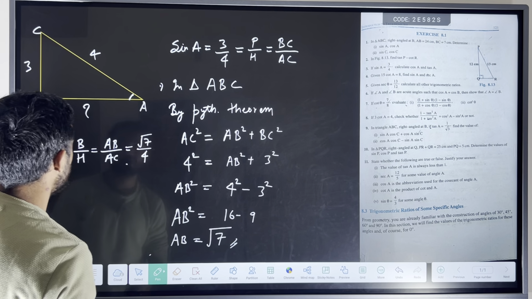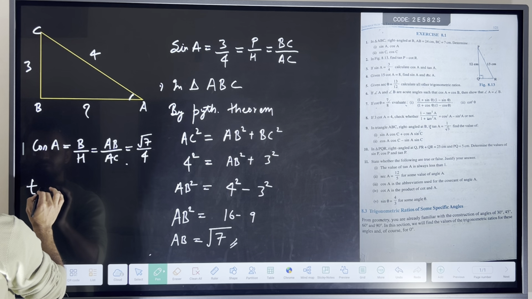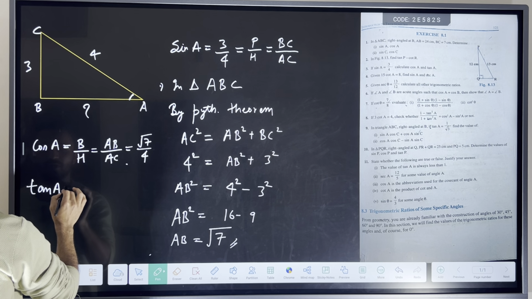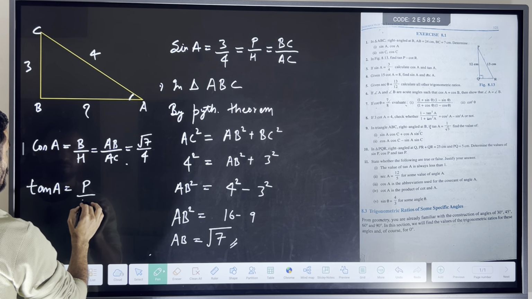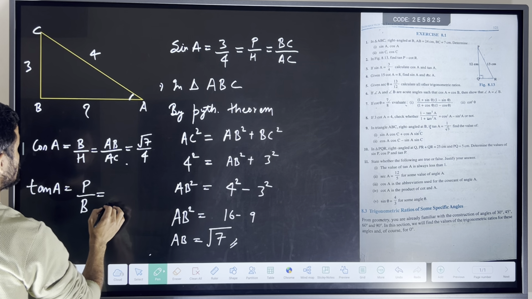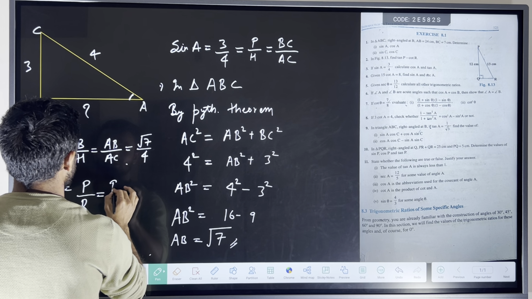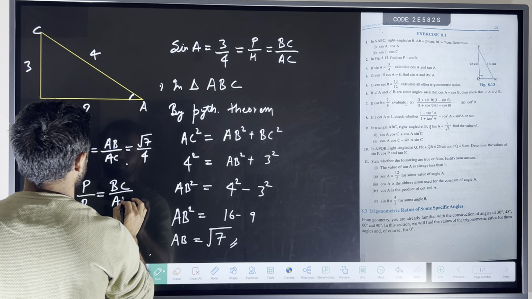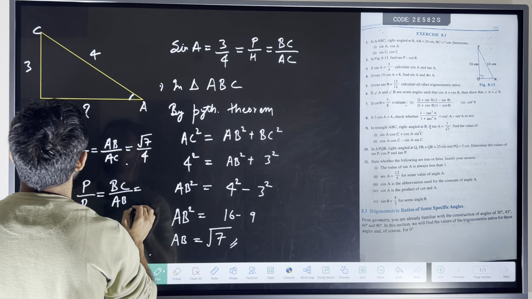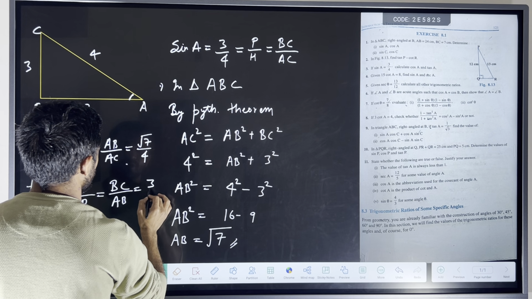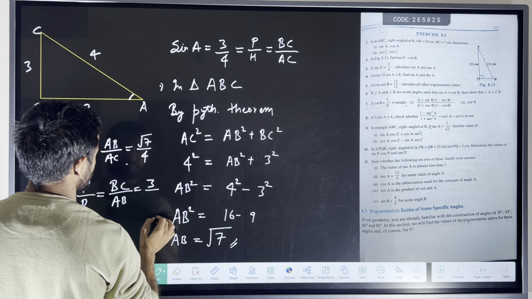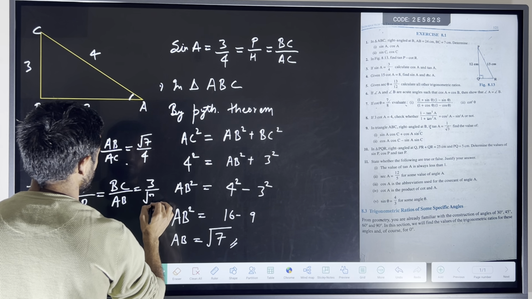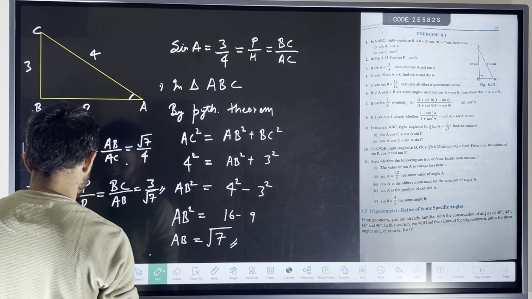Now tan A, that is perpendicular upon base. What is perpendicular? BC. And what is base? AB. Now BC is equal to 3 and AB is again root 7.